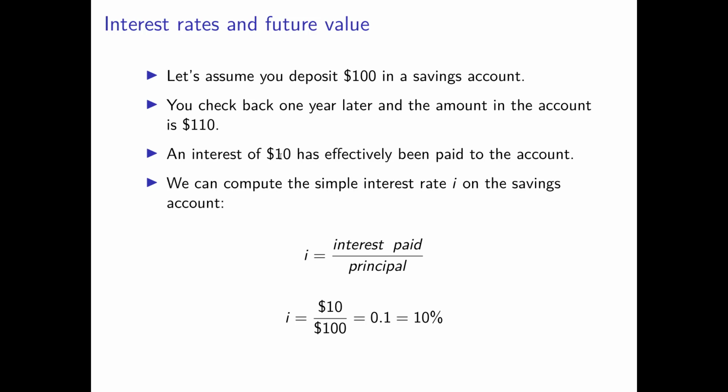So you may want to use this to calculate the interest rate that was applied. Okay, so that interest rate is simply going to be the interest paid, so $10, divided by the principal, which is the original amount, $100. So based on that, we can see that there is a 10% interest rate that was paid.